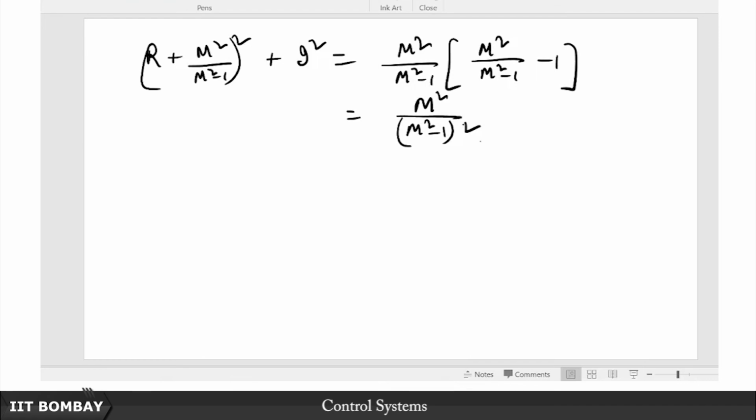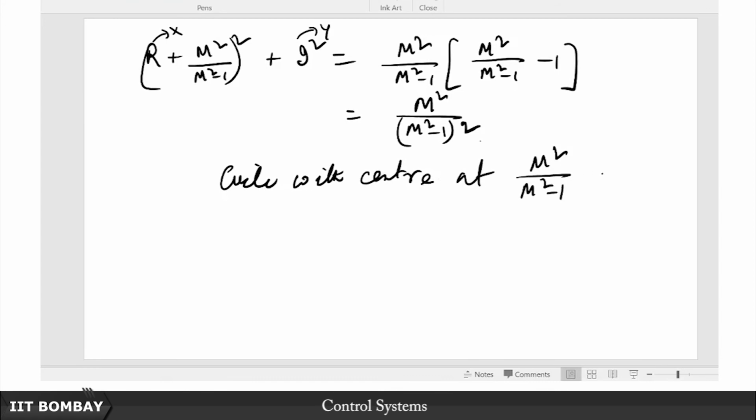But what is this the equation of? This is after all the x axis, this is the y axis, so this is typically the equation of a circle. So this is a circle with center at m squared by m squared minus 1 and radius equal to m by m squared minus 1.